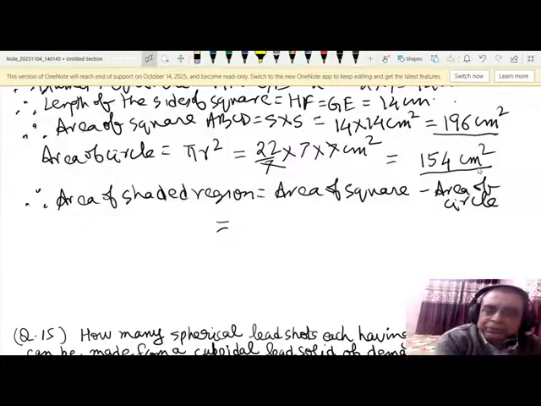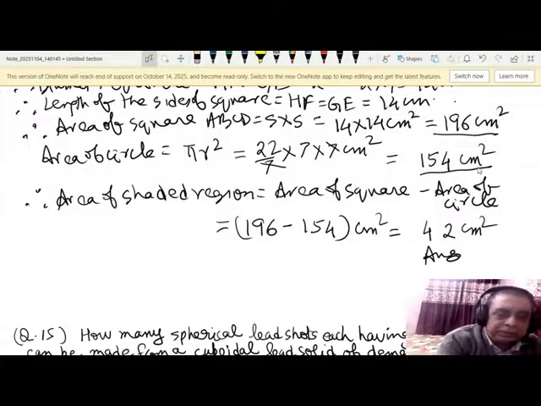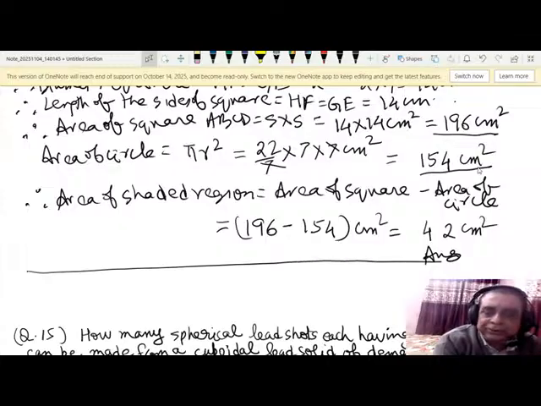The area of the square is 196 minus the area of the circle, which is 154. So subtract it. 6 minus 4 is 2, and 9 minus 5 is 4. So it is equal to 42 centimeters squared. So that is the area of the shaded region.